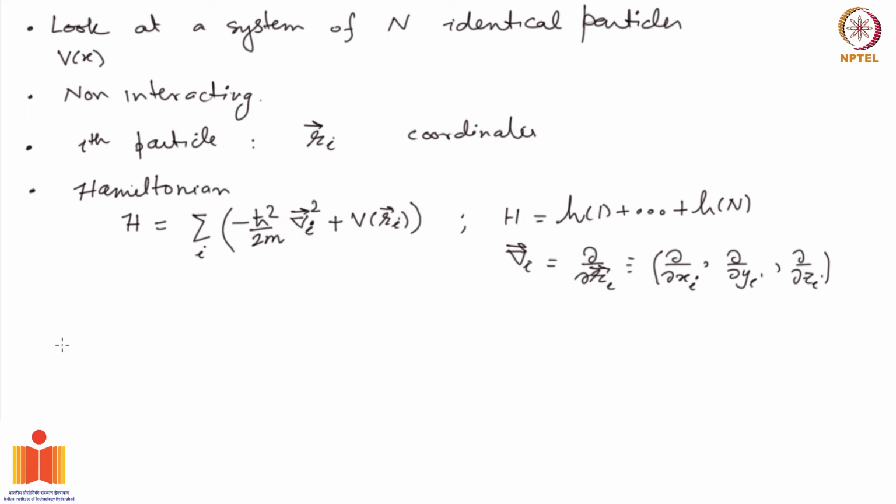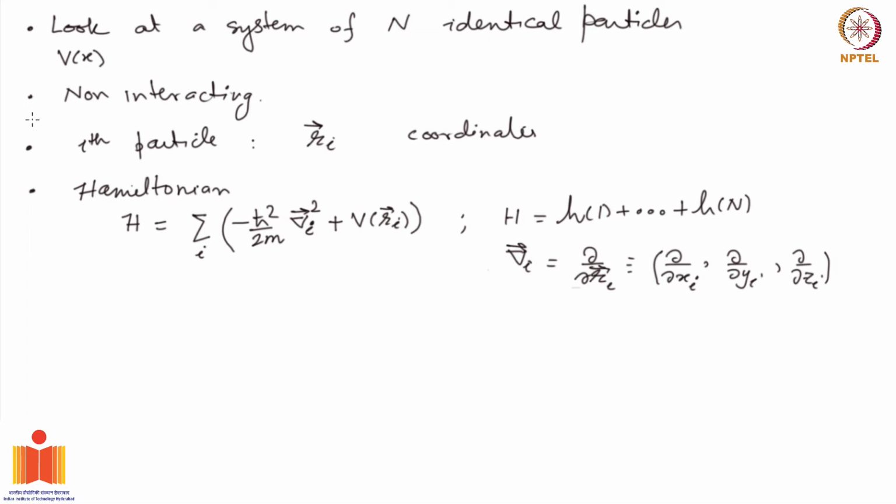So I hope you understand that when you have this operator acting on the psi wave function, the wave function will be a function of all these coordinates, r1, r2, r3, up to rn. When you take such a partial derivative, you have to differentiate with respect to the coordinates of the ith particle. That's what this symbol means.